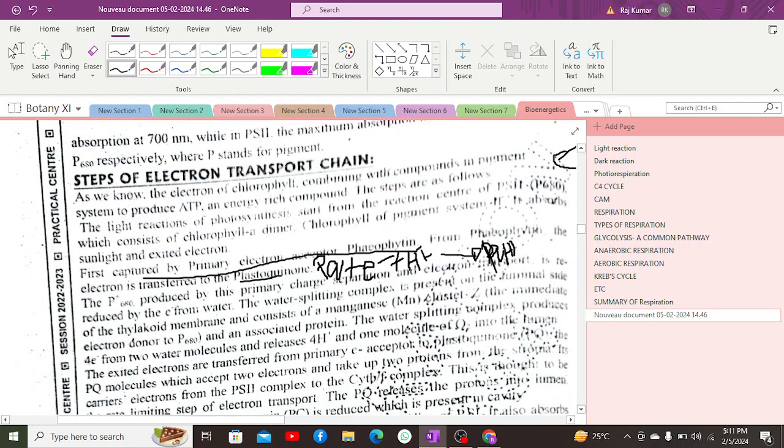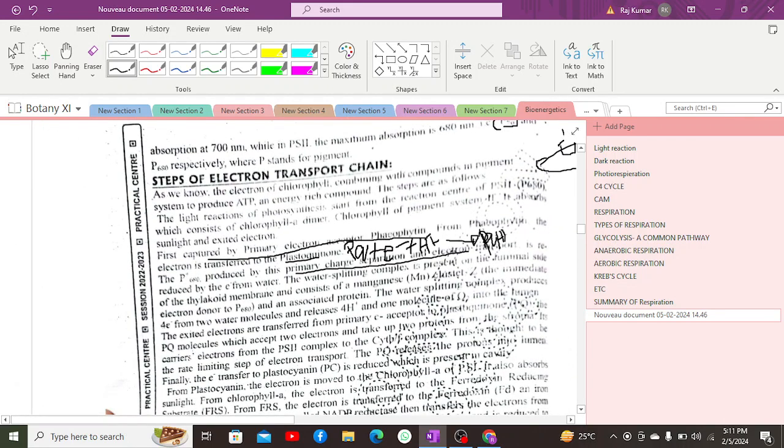Now the P680 produced by this primary charge separation and electron transport is re-reduced by electrons from water, such that photolysis of water occurs. Photolysis of water occurs in photosystem 2 because of a special complex present there, known as the manganese cluster Z complex.